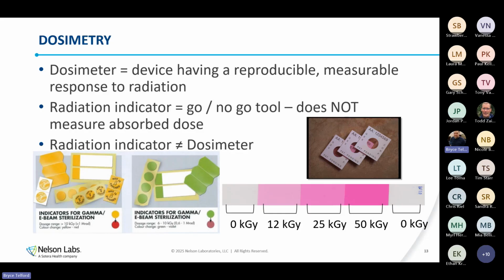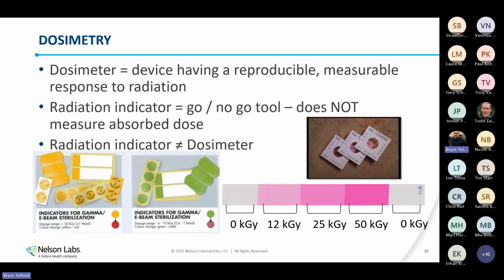So they asked us specifically if we could take a roll of indicator and expose it to radiation to color change it so that they could then label their product with the red dot in order for it to release. They already had the paperwork and everything indicating that yes, this batch of product has received this sterilization dose. They knew the product had been irradiated properly, but due to their own procedures, they couldn't release it without that red dot.